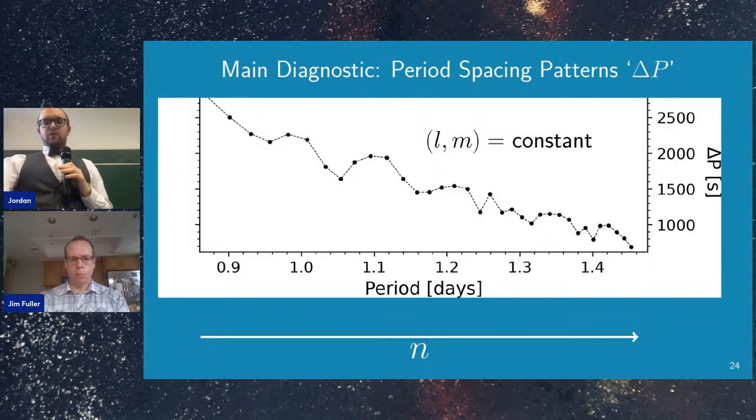And the values that you can see here on the y-axis are in fact the difference in periods between these consecutive modes in seconds.